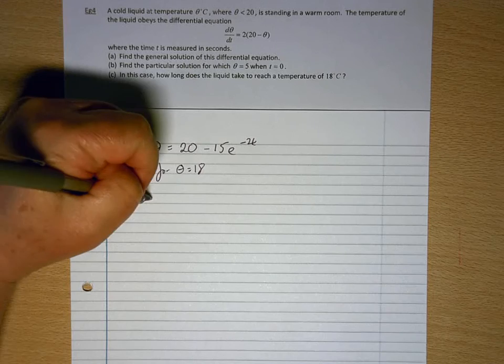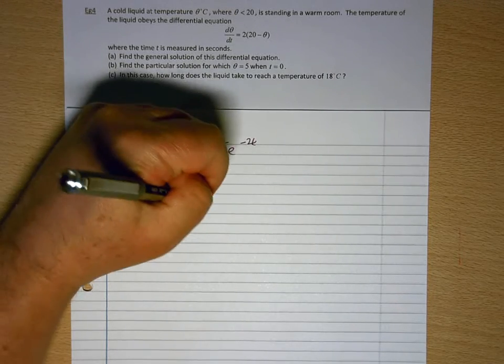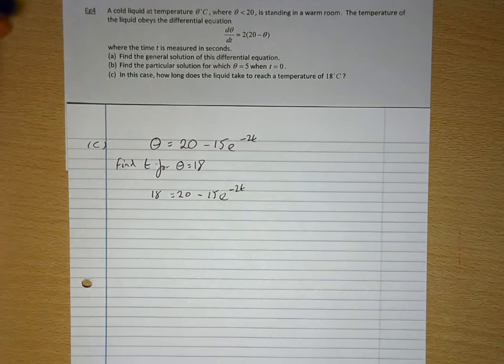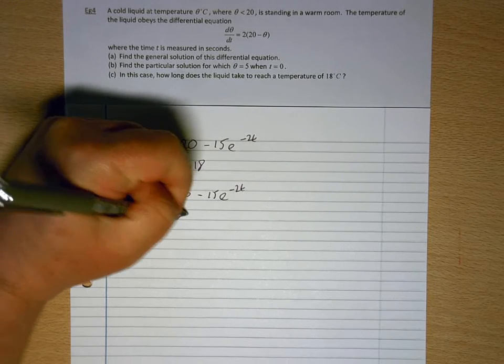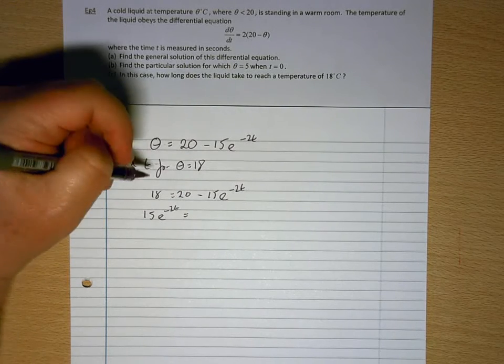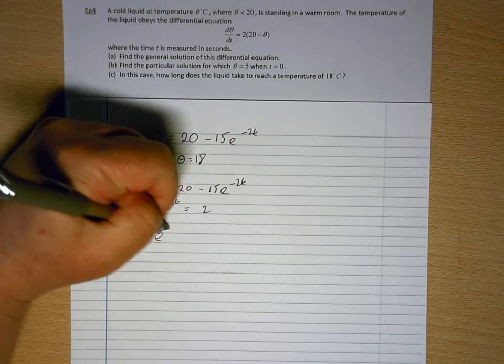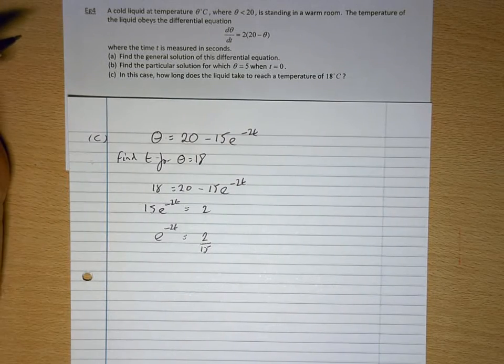So 18 equals 20 minus 15 e to the minus 2t. 15 e to the minus 2t is going to be 20 minus 18, which is 2. E to the minus 2t will be 2 over 15.